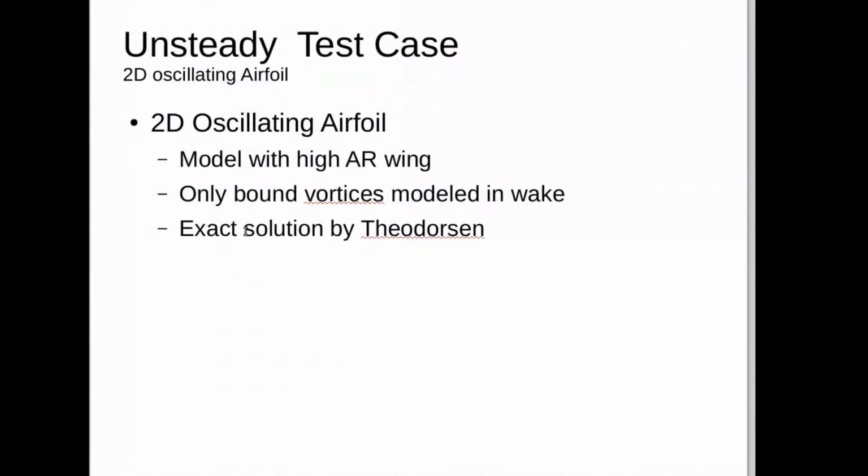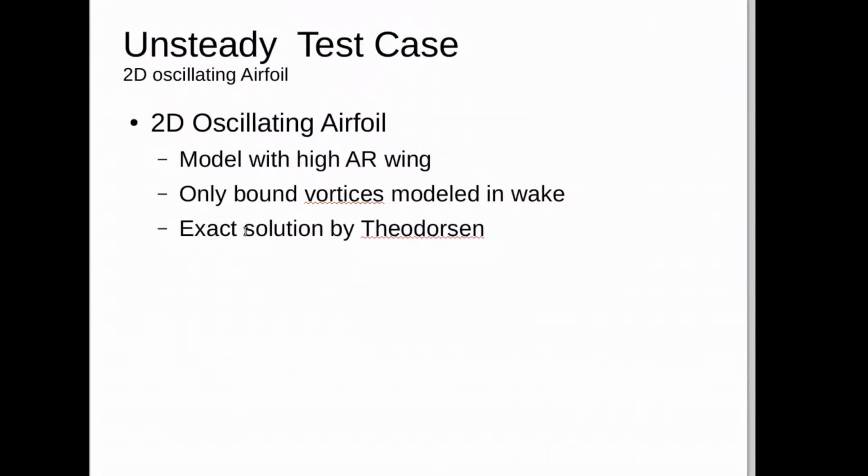One of the first test cases that we did was just a 2D oscillating airfoil. So this was modeled with a high aspect ratio wing. We turned off basically the trailing vortices, if you want to call them. Only the bound vortices are modeled. So we basically turn off the tip vortices that would show up in a finite wing geometry model.